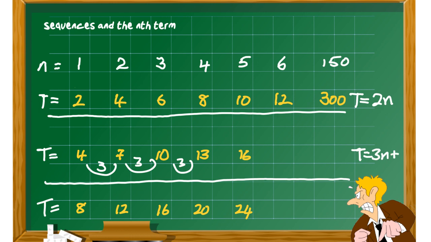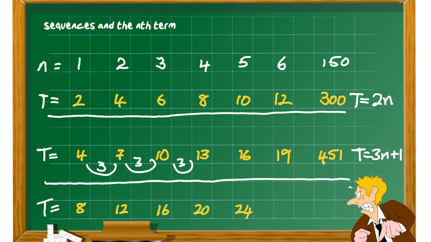So our equation is t equals 3n plus 1, because 3 times 4 is 12, plus 1 is 13. 3 times 5 is 15, plus 1 is 16. 3 times 6 is 18, plus 1 is 19. And then the tricky one, 3 times 150 is 450, plus 1 is 451.